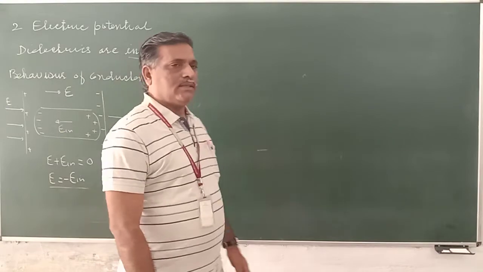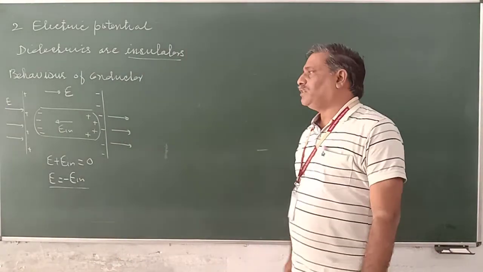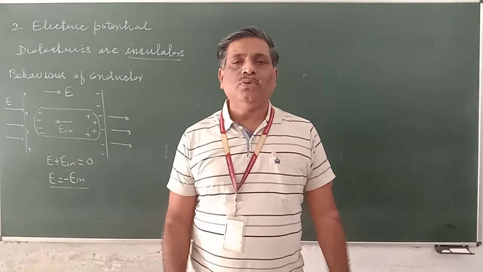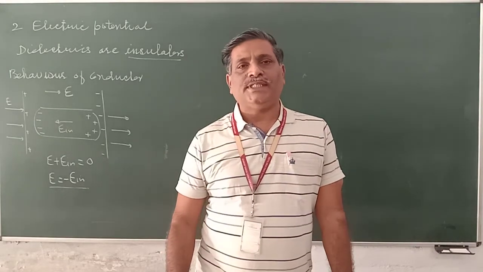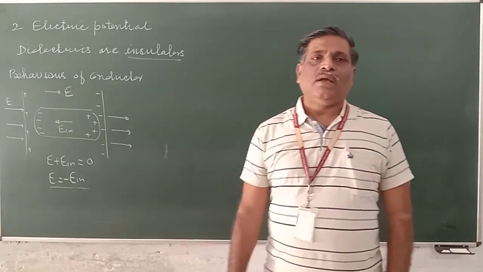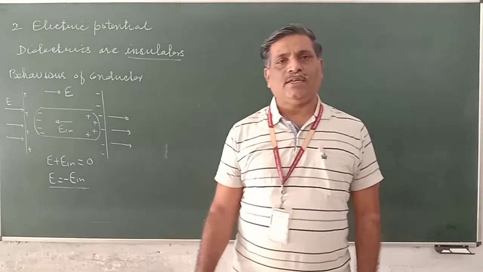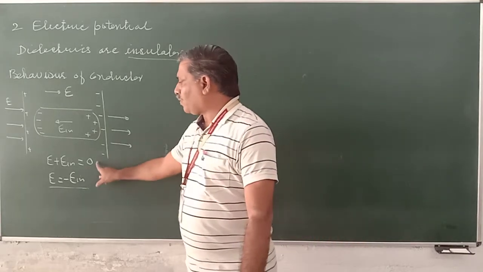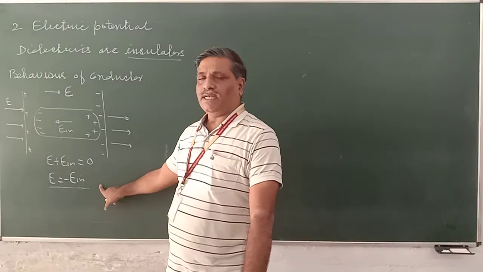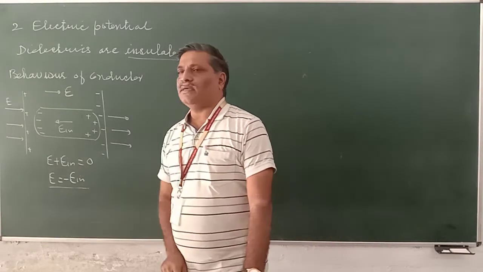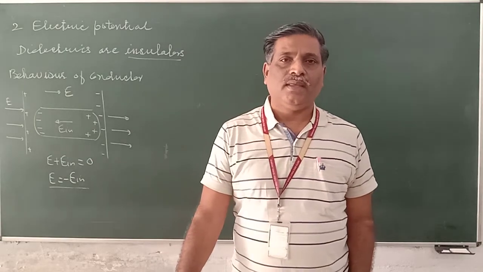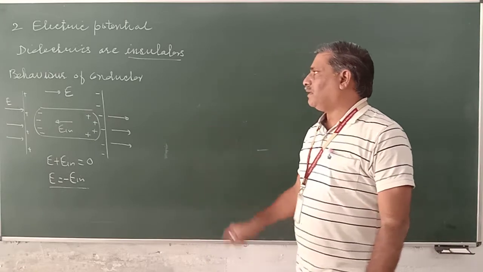Inside the conductor, a field opposite to the external electric field develops due to the separation of positive and negative charges, and this keeps on happening until both the fields are equal and opposite in direction. So this is the situation in a conductor.